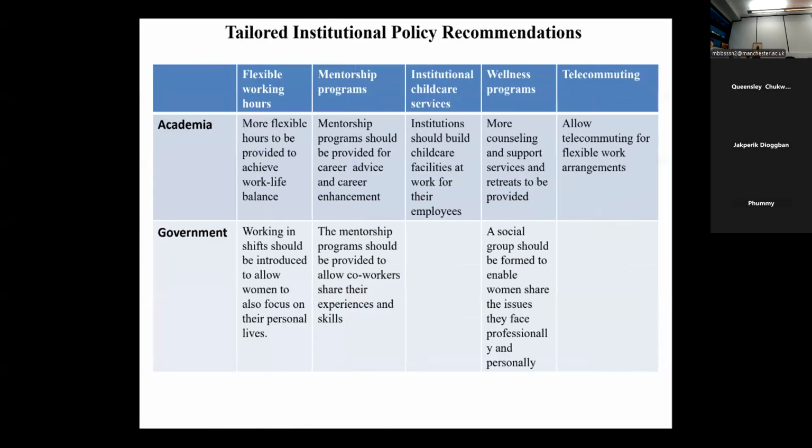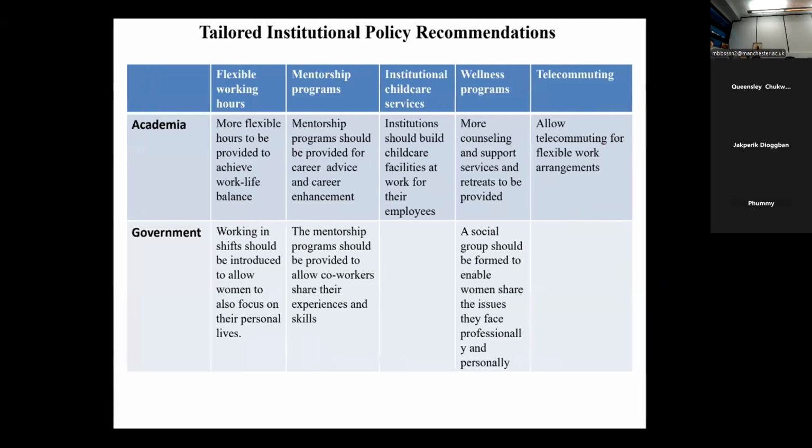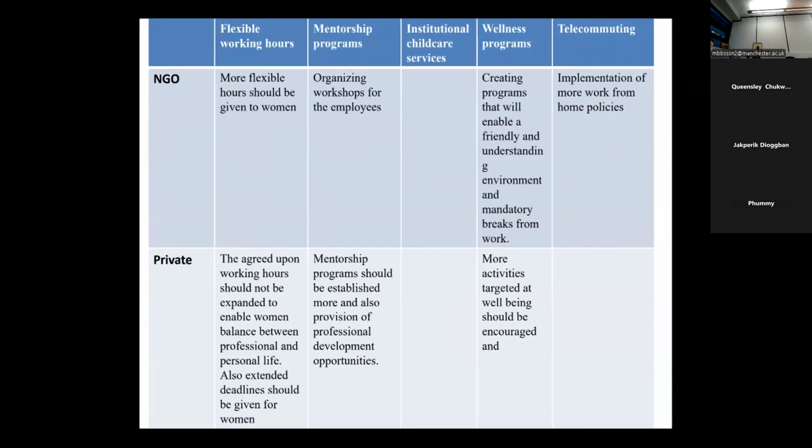So this has brought us to recommended tailored institutional policy from our research. The tailored institutional policy recommendations are on the 4 institutions. We have academia, government, non-governmental organization, and private sector.